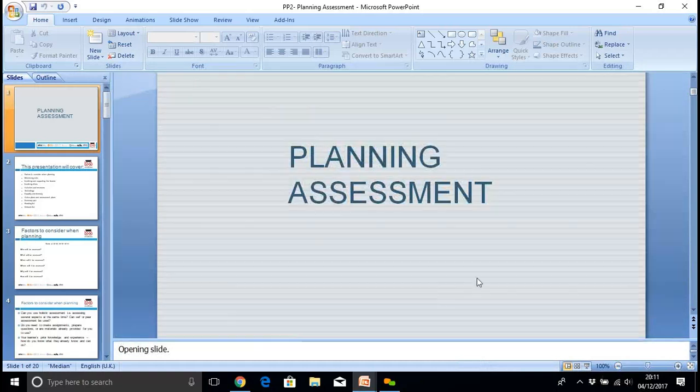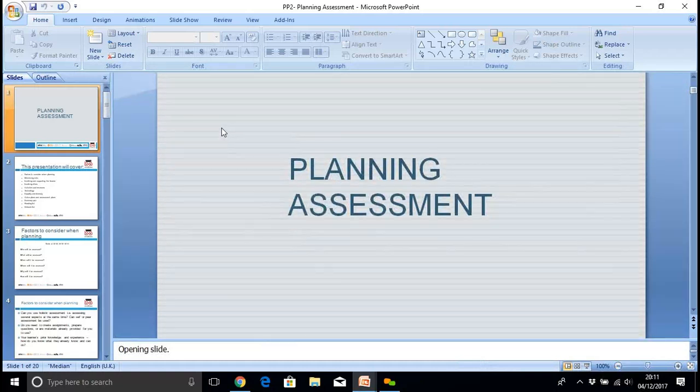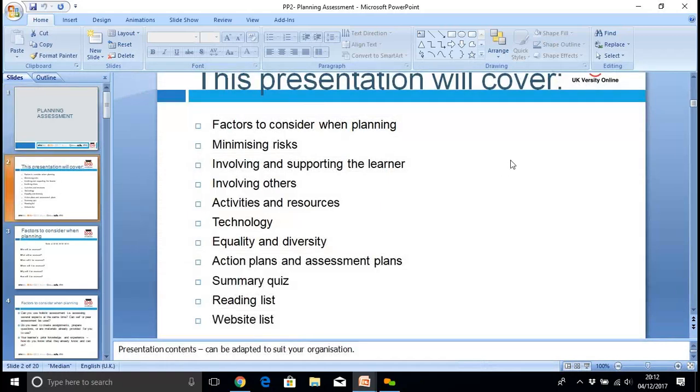One of the most important things when assessing any work is to make sure you plan to do it, and that the people involved know that it's going to occur, mainly the learner, but there may be other people involved if the learner is being observed or another means of assessment is being used in the workplace.